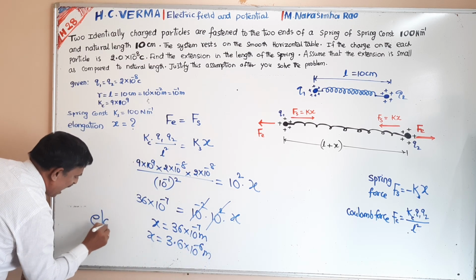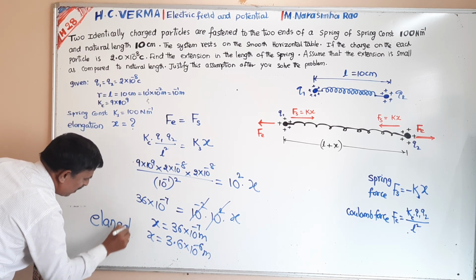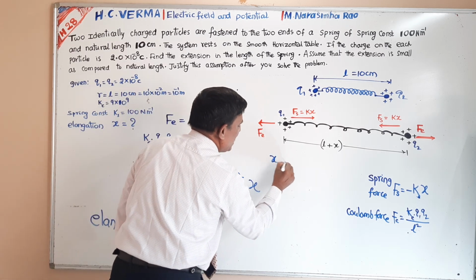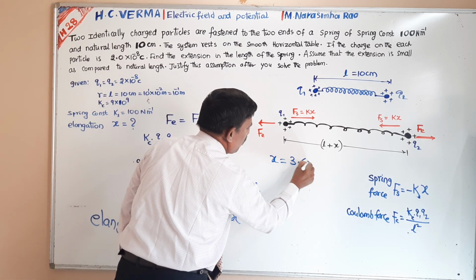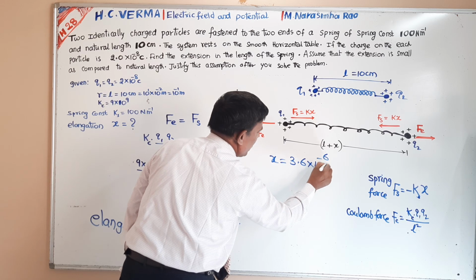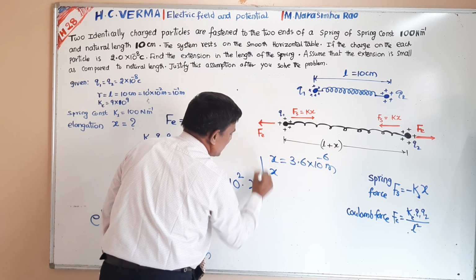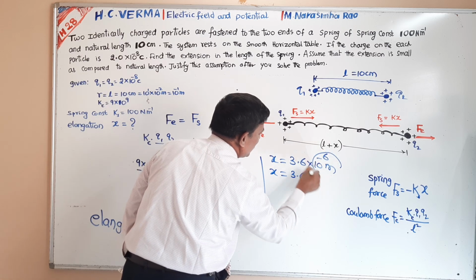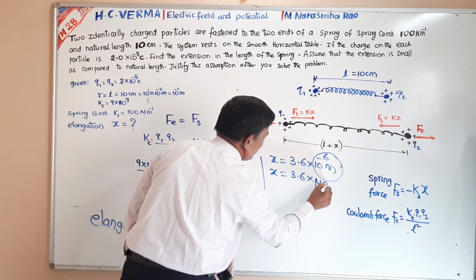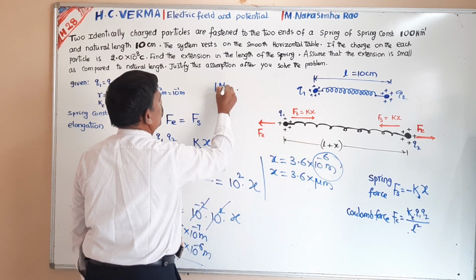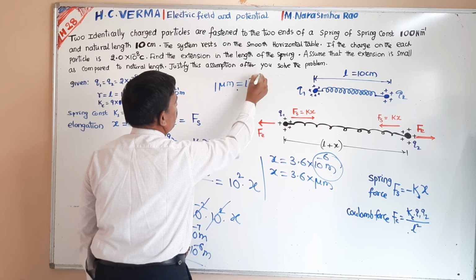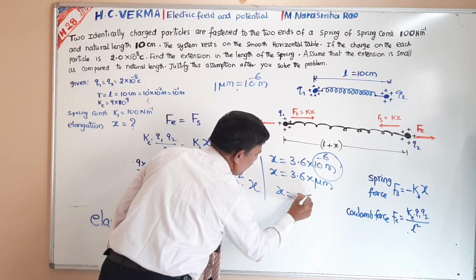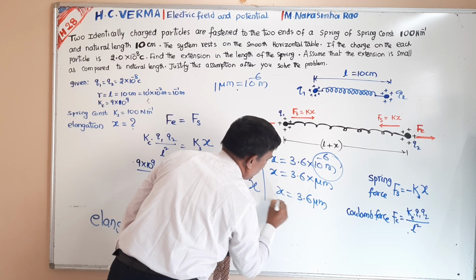X means elongation in the spring, the increase in length. Here we got x equal to 3.6 × 10^-6 meter, which is 3.6 micrometer, since 1 micrometer means 10^-6 meter.